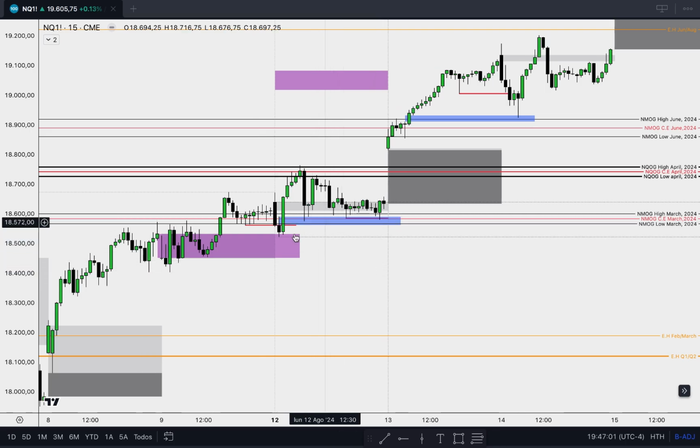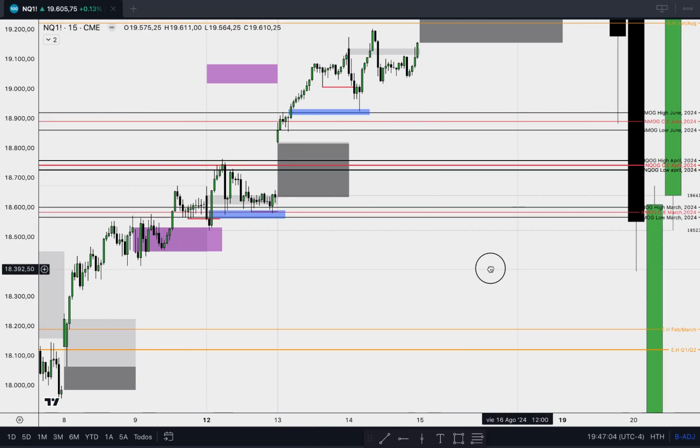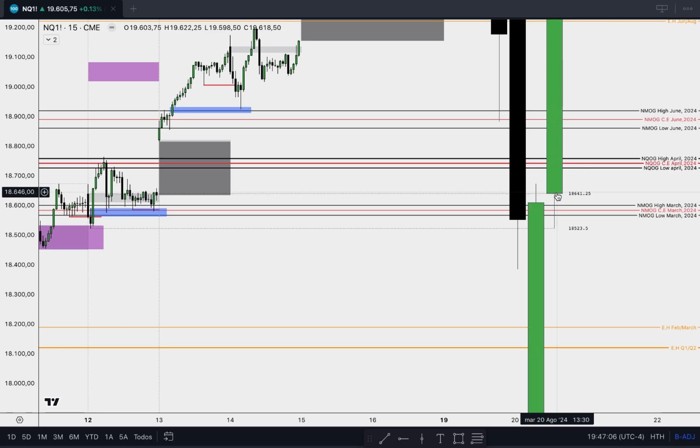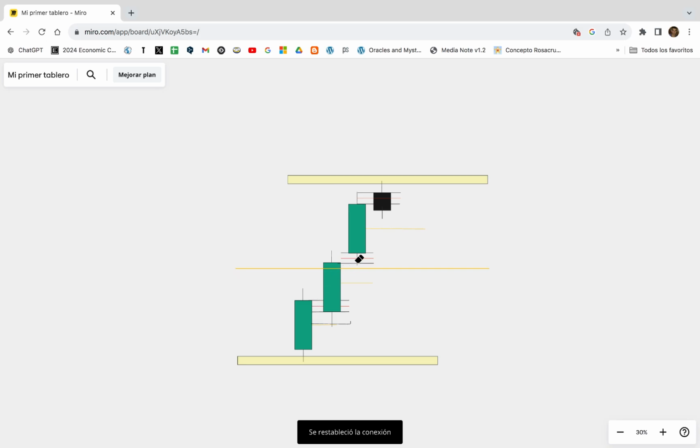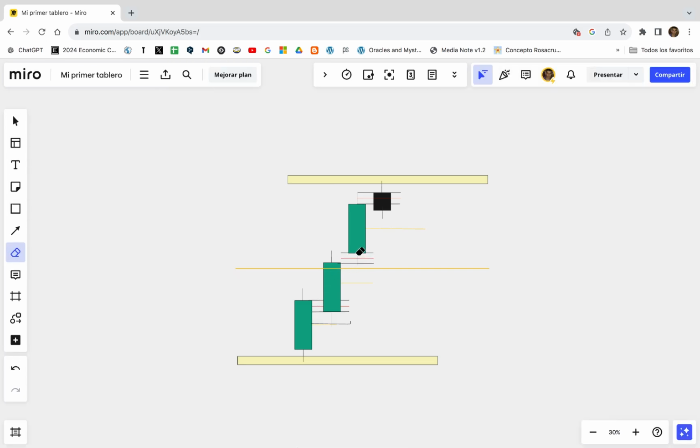Okay, practically we are opening, and on the presentation that I told you, is this model, is this one. We gap higher of this candle closing, and we touch the closing price of the previous candle range, and now we are moving where? Higher. This is the model.